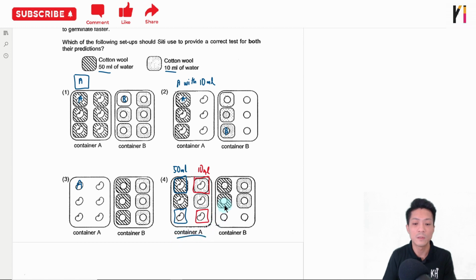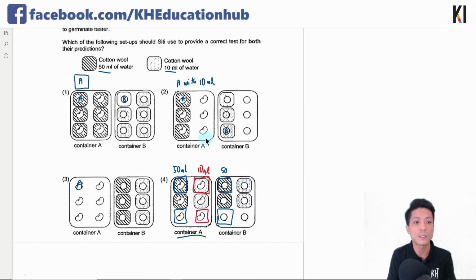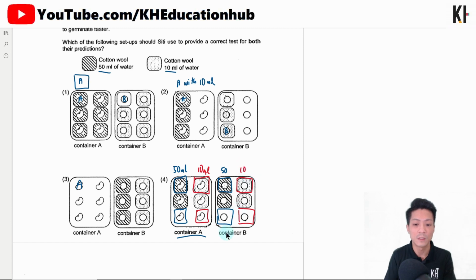For A, and then this is the 50. We can compare any 2, and also we have the 10 for the B. So the answer is number 4.